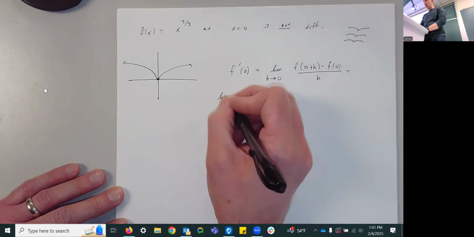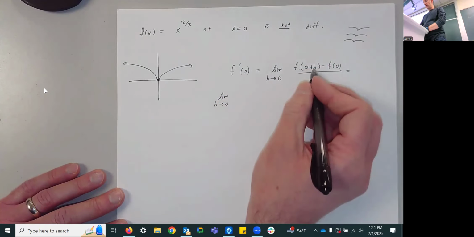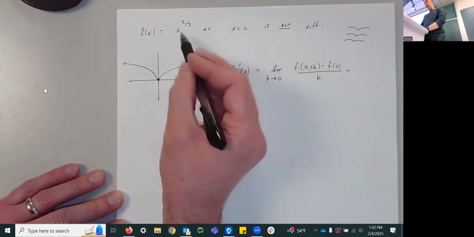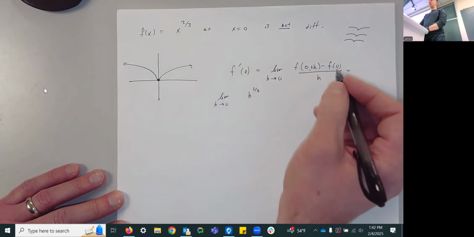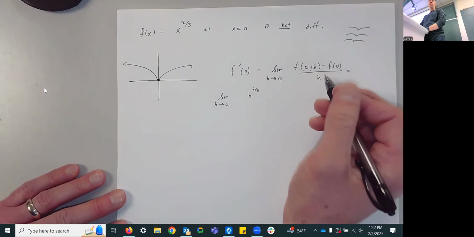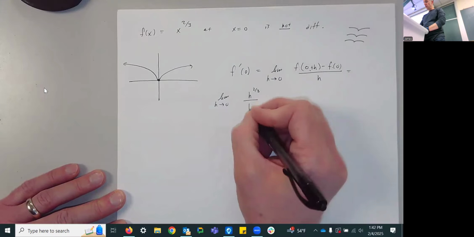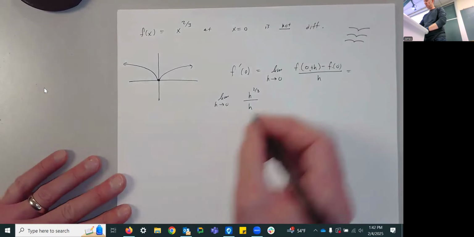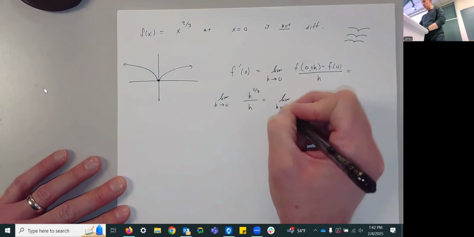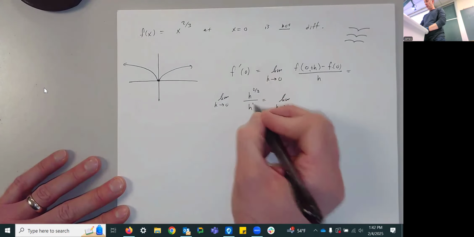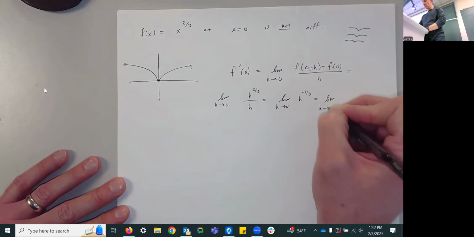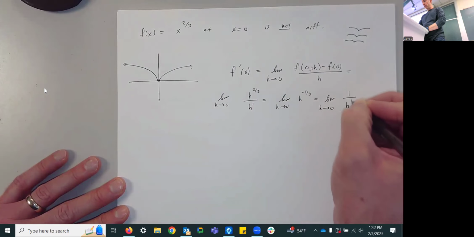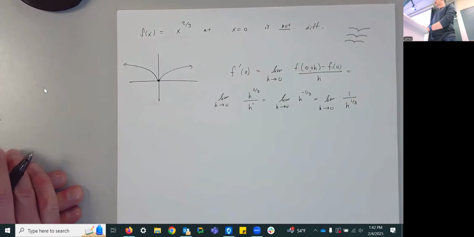That's the limit as h approaches 0 of f of 0 plus h, which is just f of h, which is h to the 2/3 power. f of 0 is 0 to the 2/3 power, and 0 to any positive power is just 0, divided by h. We'll simplify. 2/3 minus 1 is negative 1/3, but I would rather write it as the limit as h goes to 0 of 1 over h to the positive 1/3. If you plug in 0, what ends up happening?